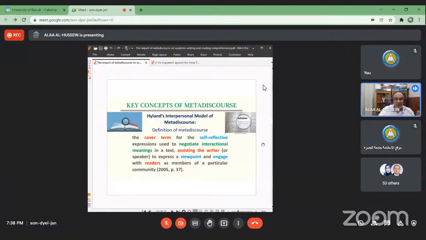So both interactive and interactional meta discourse to Hyland work to interact with readers, to interact with listeners, and to assist the writer, the speaker, to communicate with readers and listeners, whether they are at the level of the text or at the level of what? At the level of communication, the social function. They both function as interpersonal, communicating with the readers and listeners.